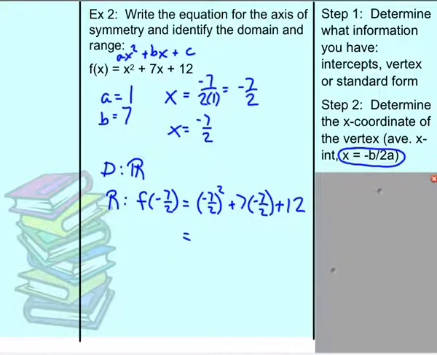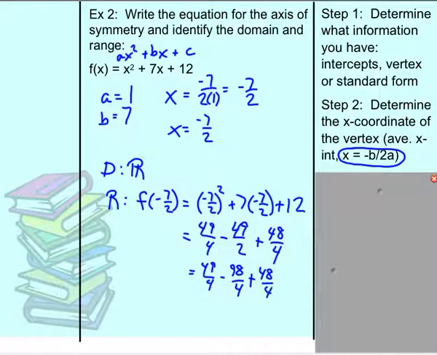Alright, so negative 7 halves squared gives us 49 fourths. Most of you would do this with a calculator. And then I am subtracting 49 halves plus, I'm going to convert that to a common denominator with my first term. I'm going to convert the middle one to a common denominator as well, so that I can get the y-coordinate for my vertex.